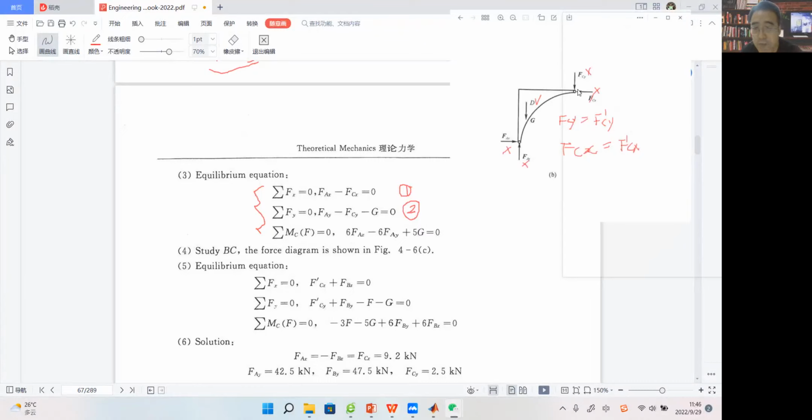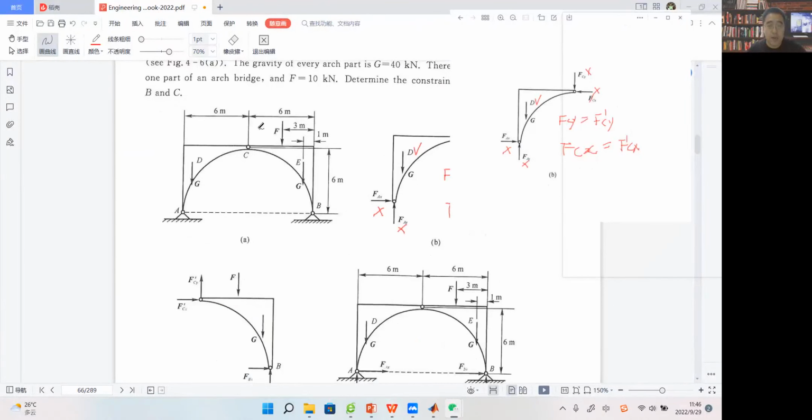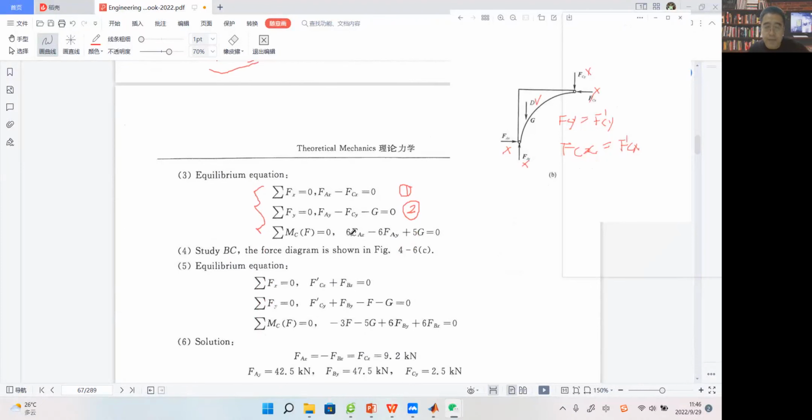This is the distance from point C to the action line of Fax. Our length is 6 meters, right? So we have 6 times Fax. And Fay, because its action line is along this direction, its moment about point C will be clockwise. So we have minus 6 times Fay.